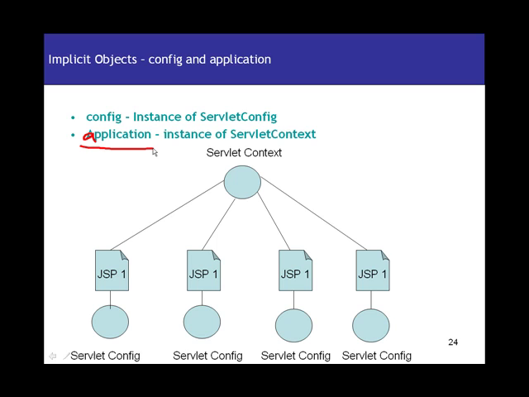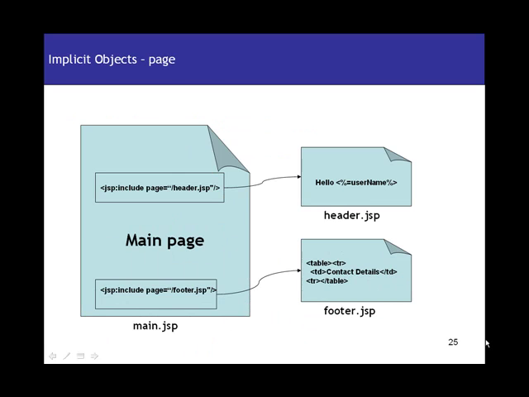Page is an instance of Object, and you have one page implicit object for every JSP page, right? So let's take the scenario where you have an application where on each and every page you want to display some common text on the header and footer region, right?